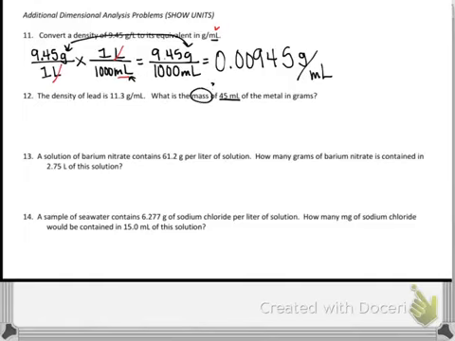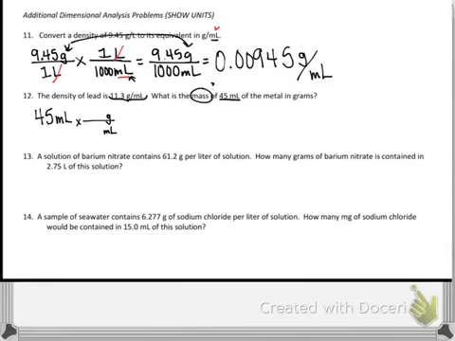So our given is 45 milliliters. And we want to know the mass in grams. Well, in this case, we know that the information that's given to us, they give us 11.3 grams per milliliter. Okay? So we want to get rid of milliliters. So milliliters will go in our denominator, and we want to end up with grams.